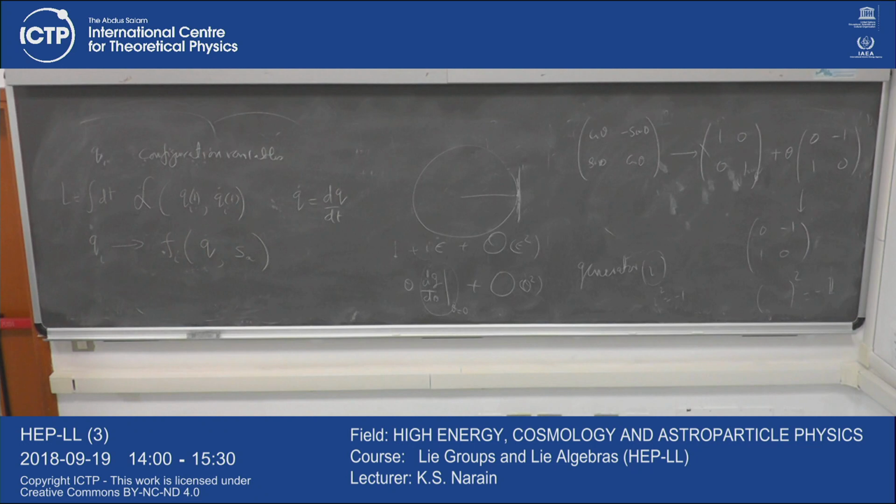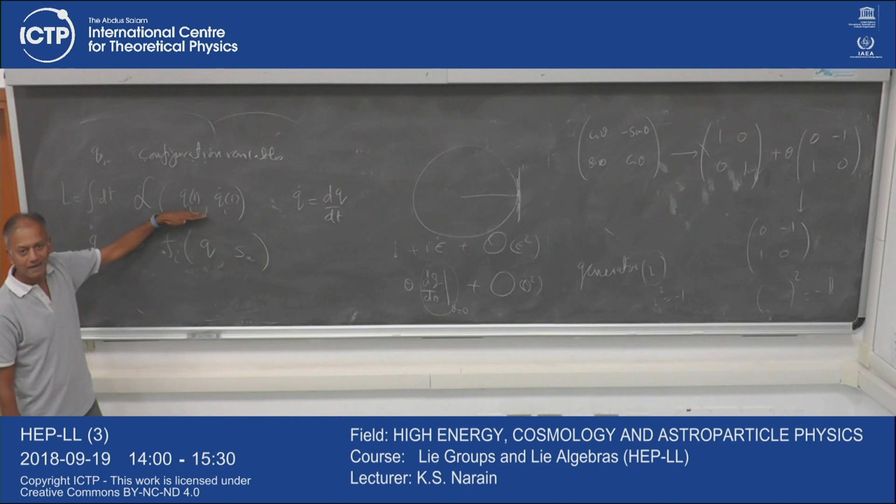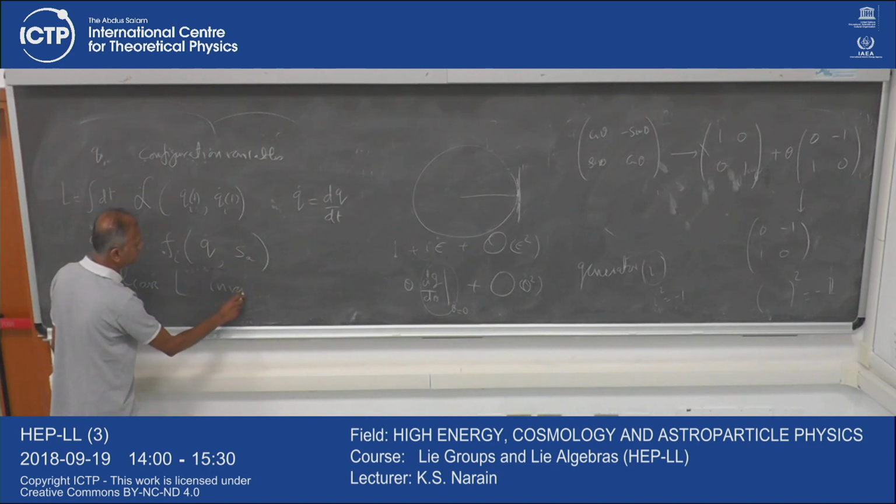And these transformations are such that the Lagrangian is invariant. That's why we call it a symmetry. Symmetry means the Lagrangian is invariant, right? So these are some transformations which leave the Lagrangian invariant.